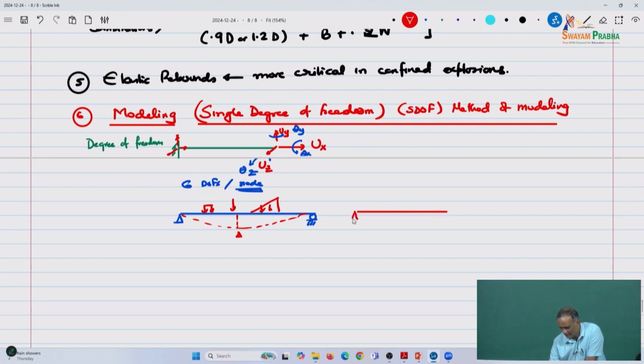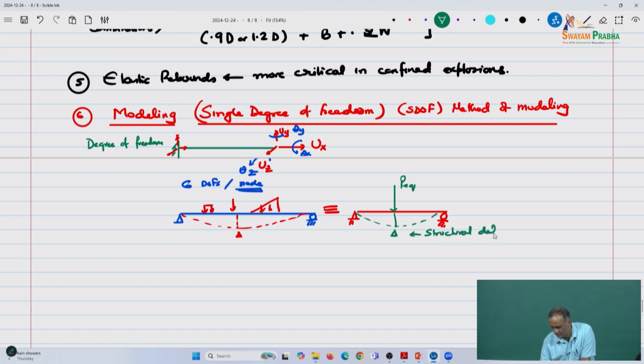What we have to do is, this is the term for equivalencies, we convert it into one. You can also apply distributed loads in certain programs, depending on how complex they are. And then the degree of freedom that we talk about is this deflection. So the structural deflection is the degree of freedom.